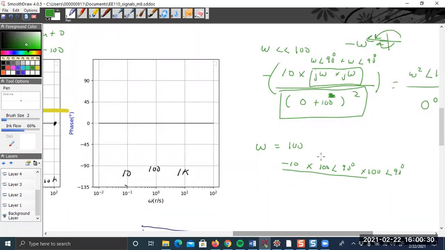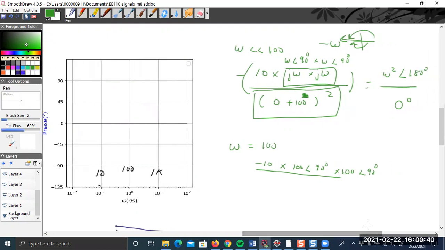So I just converted it into polar, right? And so even though omega is changing, the phase in the numerator isn't changing because it's not in relation to a real part. So it's still 180. All right.